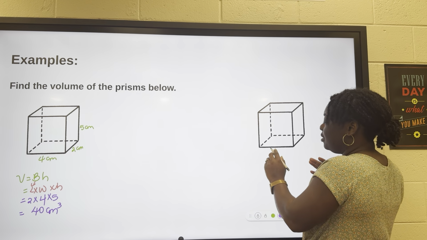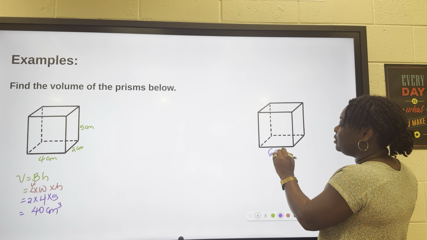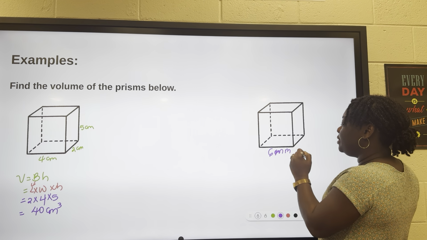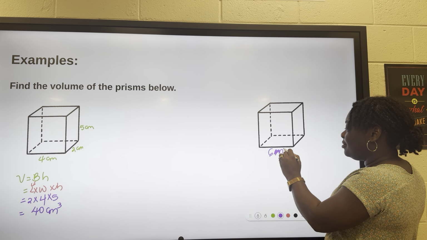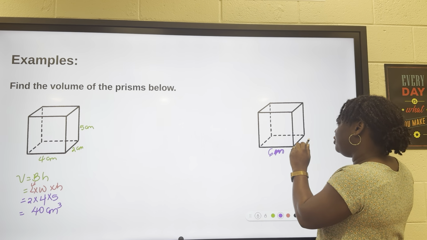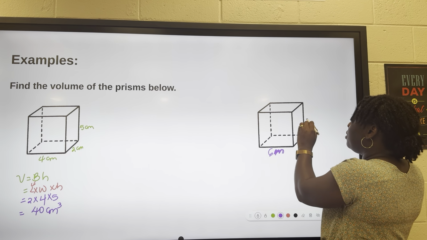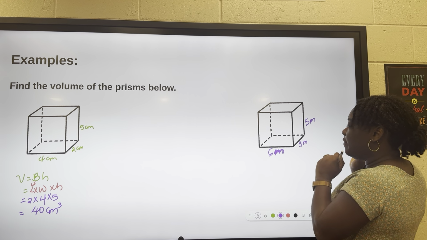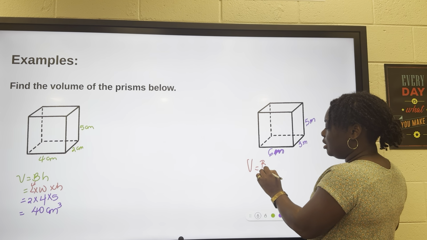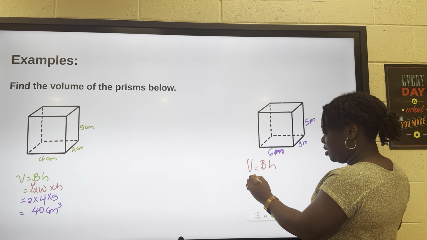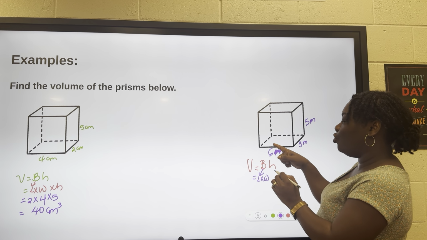Let's take this one. This one looks a little bit bigger, so I'm going to call this piece 6. Let me change the unit. So that's 6 meters. Remember, these are just random numbers. That's 3, and then I'm calling that 5. Remember your volume is BH, and your B represents the area of your base.